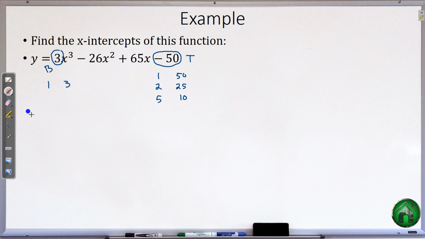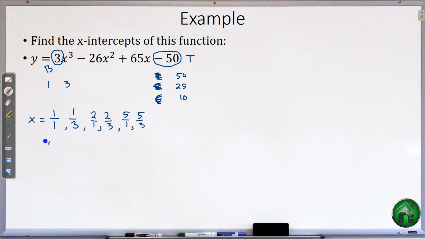So our x-intercepts, these are going to be the top numbers, these are the bottom. So 1 over 1 or 1 over 3. That takes care of this one. 2 over 1 or 2 over 3. That takes care of that top number. 5 over 1, 5 over 3.